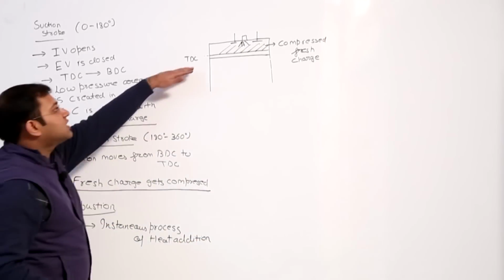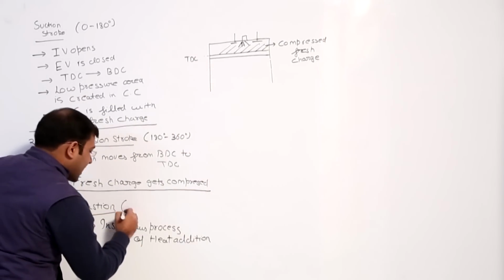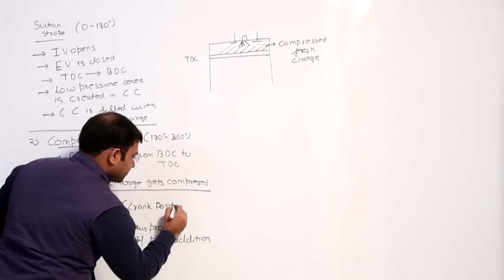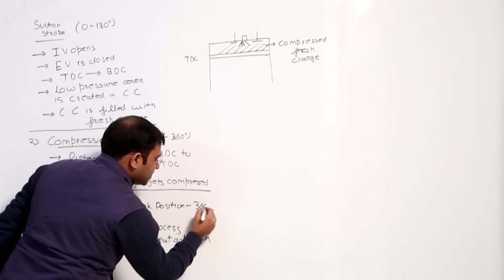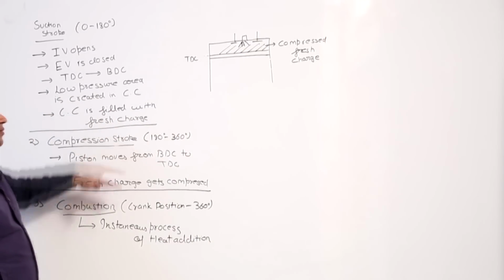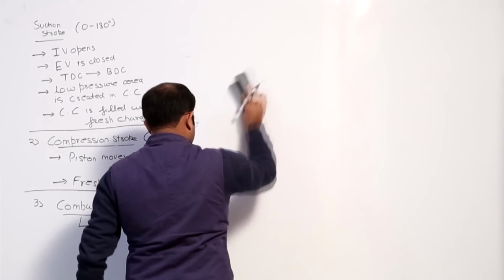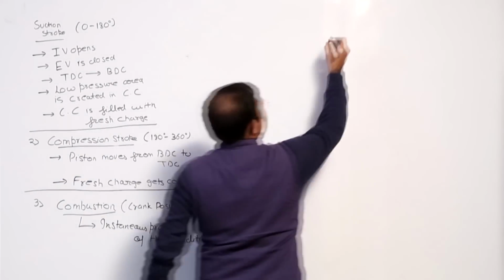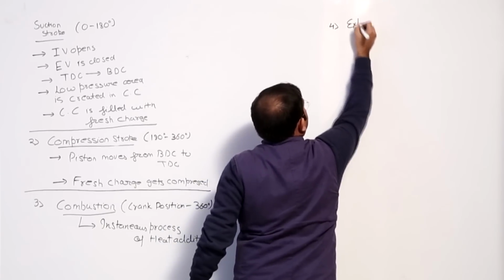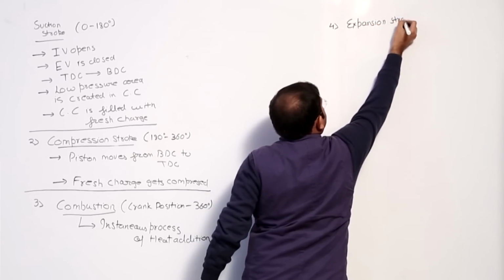Because it takes place when the piston is at top dead center, or when the crank position is at 360 degree after completion of the compression stroke. Fine. Now the fourth event is the expansion stroke.